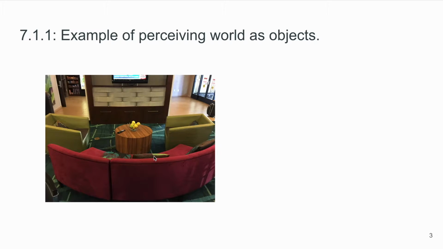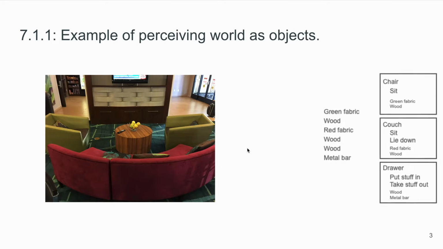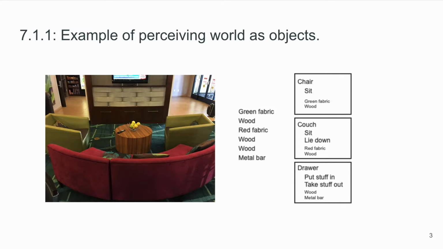In the example here, we can find various materials in the image. Green fabric, wood, red fabric, wood. Basically there are different kinds of wood and metal. These are different materials that we can see in the image. And on the other side, towards the right, we try to group these materials into different objects.